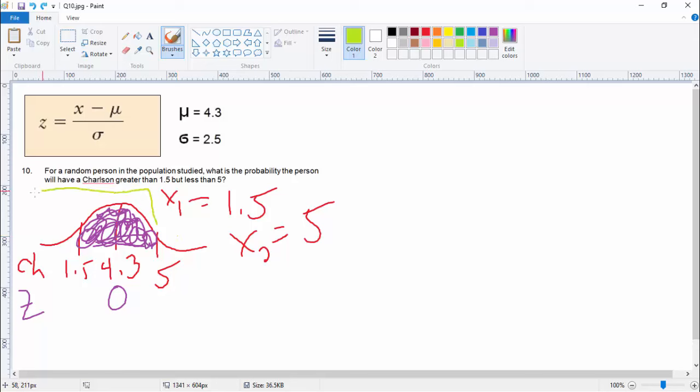Then the second way you can do it, and you'll get the same answer, is you start with x2 and first figure out what the big piece is for x2. Then you figure out what the little piece is for x1, and then you subtract that little piece from the big piece, okay? Well, what my student pointed out is, wouldn't it be easier to figure out what this little piece is, whatever's bigger than x2? Keep track of it.